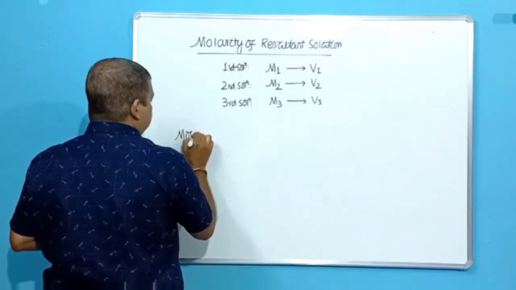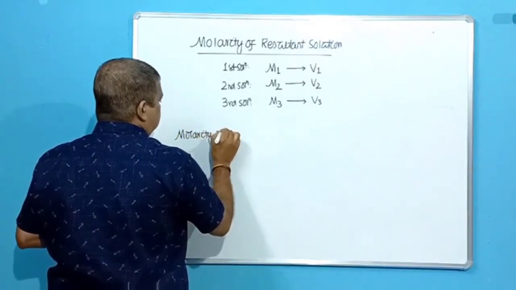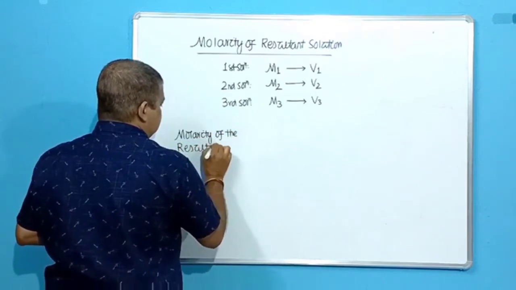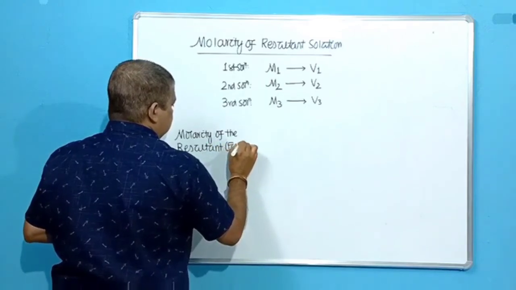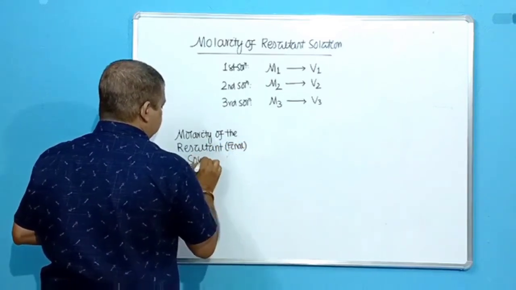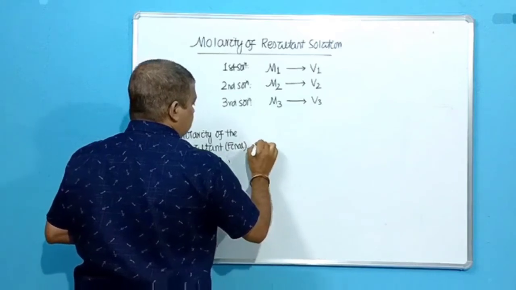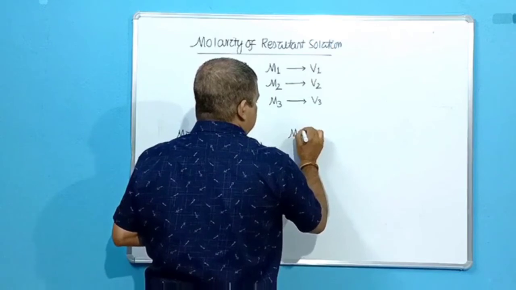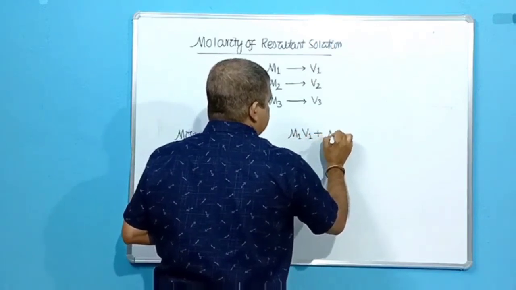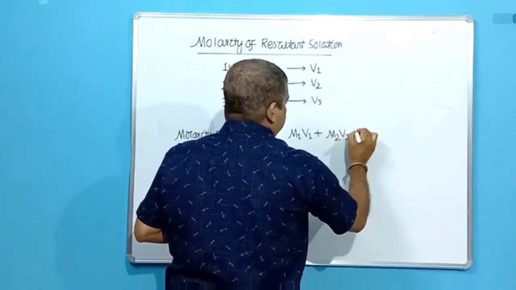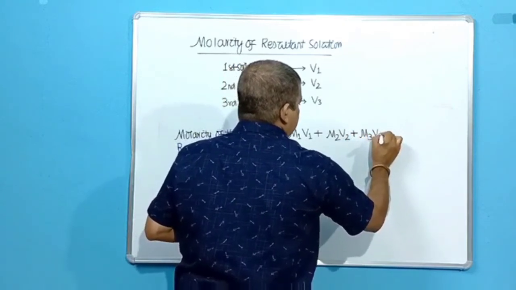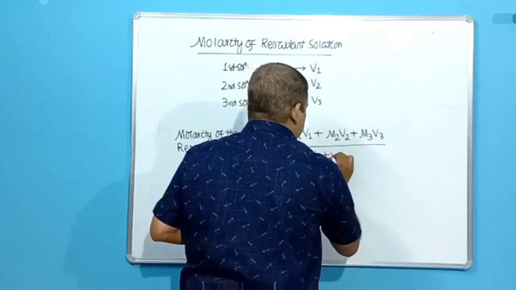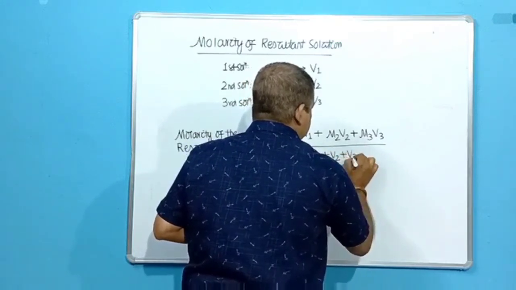The molarity of the resultant, that means final solution, will be called M. M will be equal to M1 V1 plus M2 V2 plus M3 V3 divided by V1 plus V2 plus V3.